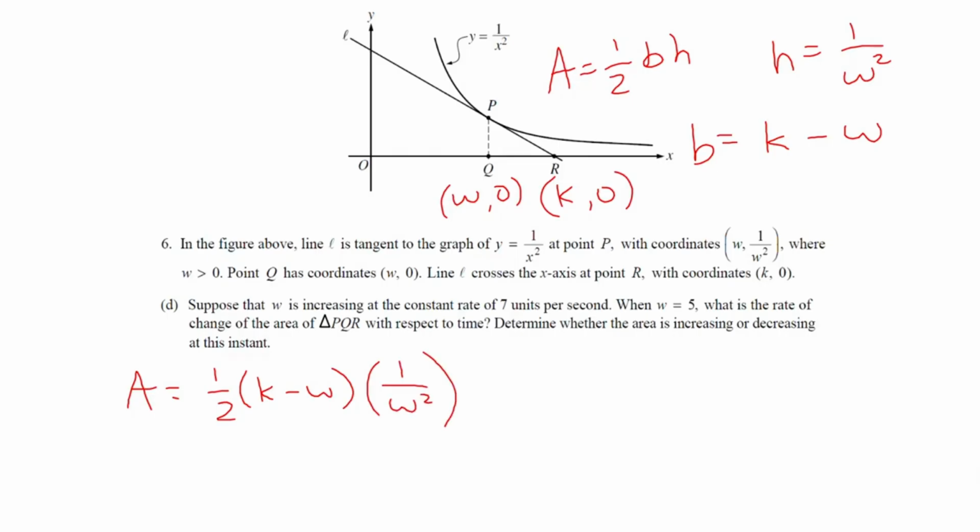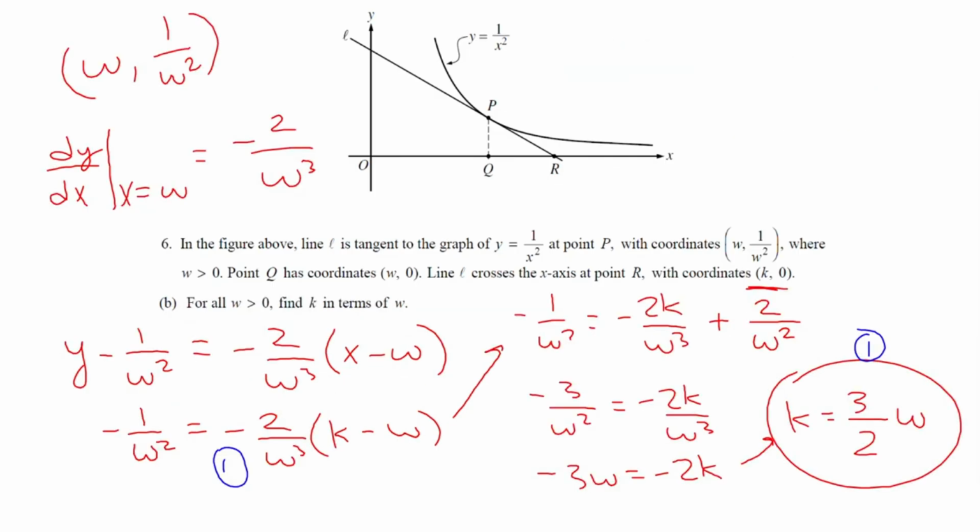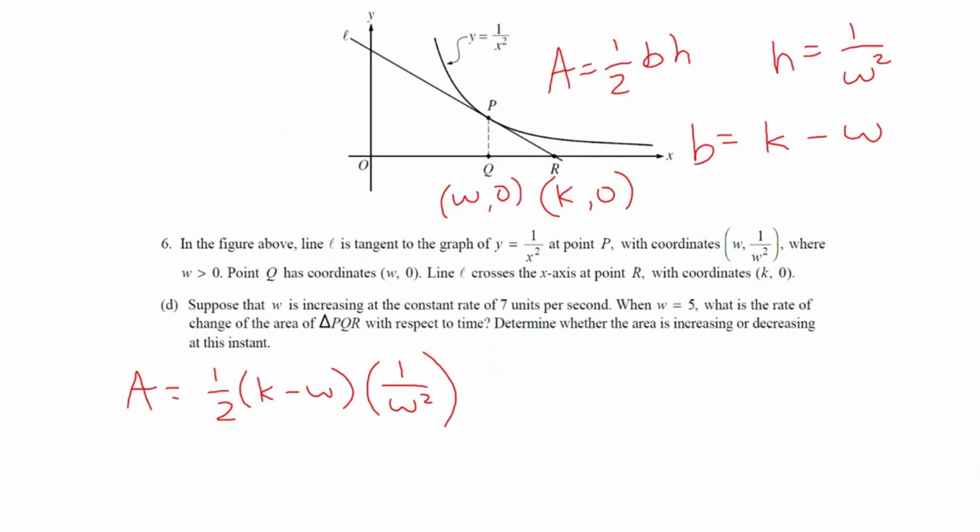And we are looking to figure out the rate of change of that area. And it would be helpful if we could get this all into terms of W, right? Which we do know how to do, because if we look back here, we know that K is equal to 3/2 of W from part B, right? So I can now call this 1/2 of 3/2 W minus W times 1 over W squared.